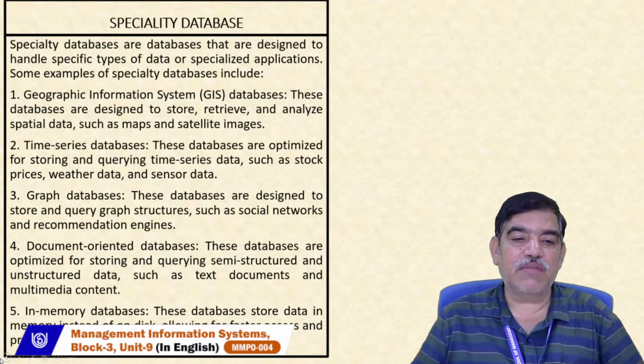Similarly, time series databases. These databases are optimized for storing and querying time series data such as stock prices, weather data, sensor data through online. Graph databases. These databases are designed to store and query graph structures such as social networks and recommendation engines.